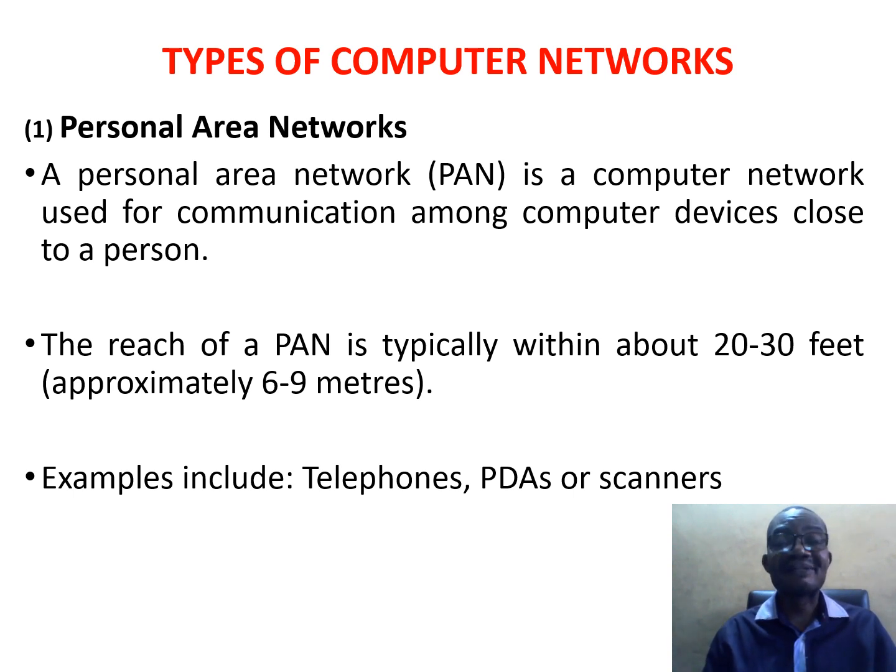The reach of a personal area network is typically between 20 to 30 feet, or approximately 6 to 9 meters. Examples include telephones, PDAs, or scanners.